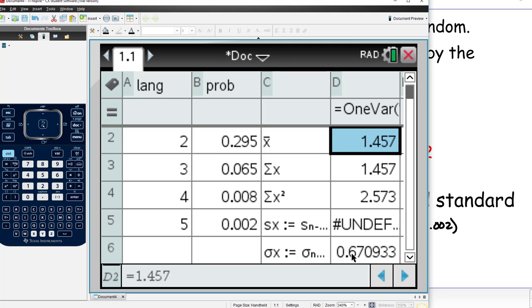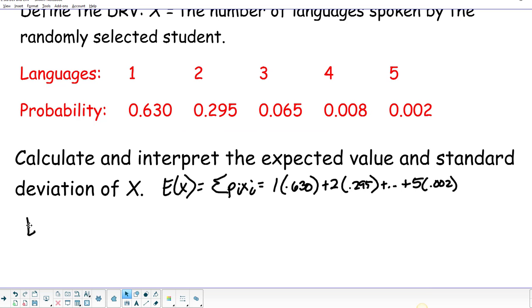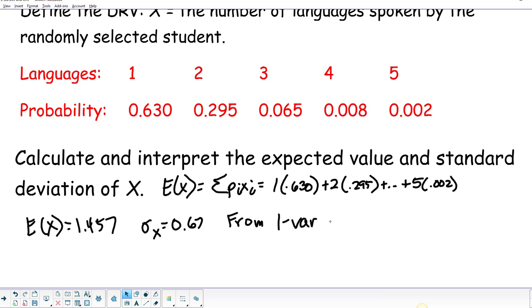So we write those things out. E of x is equal to 1.457, and sigma sub x is equal to 0.67, but we want to make sure we show where we got that, because this is all calculator work, right? We will say that's from one variable statistics.